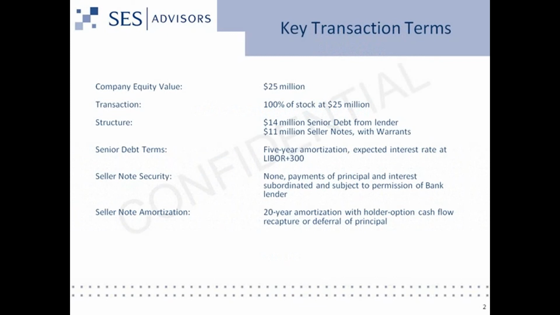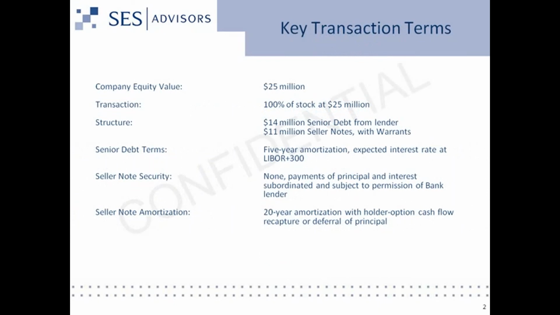In this case, the equity value of the company is $25 million. You can see this is a 100% transaction. Some of it is senior debt, some is with the sellers taking back paper. Pretty much market rates that we're talking about, and typical seller security and typical senior debt security. In this case, this is a 20-year amortization for the seller note, just to stretch things out to make sure that cash flow works.